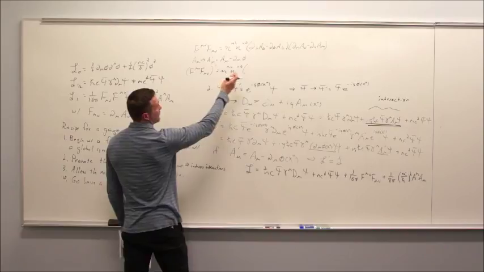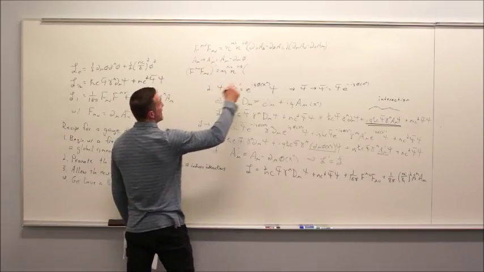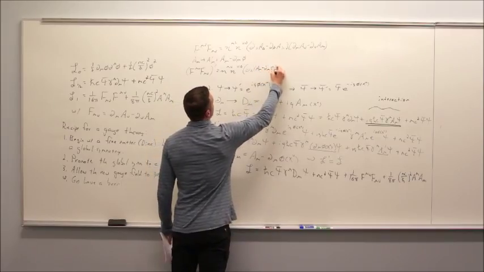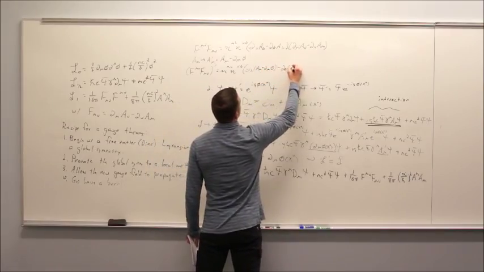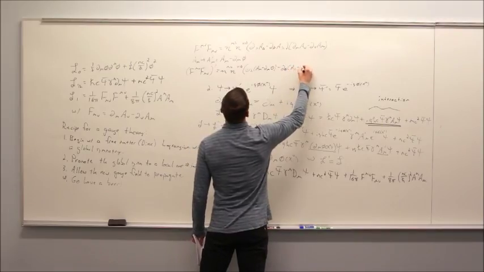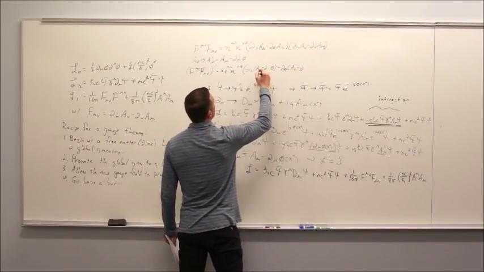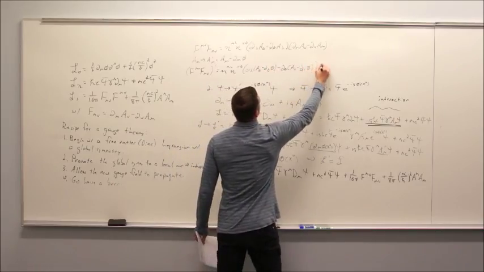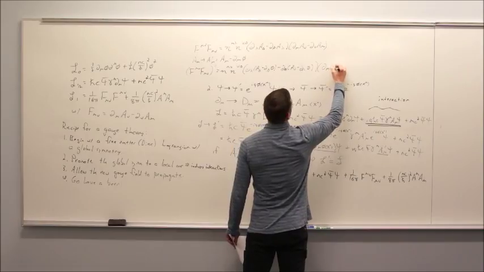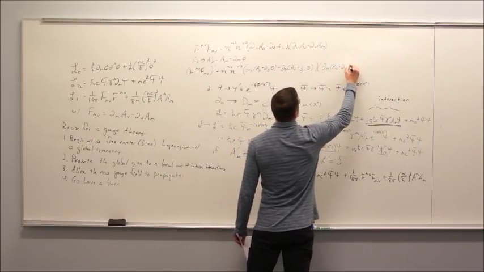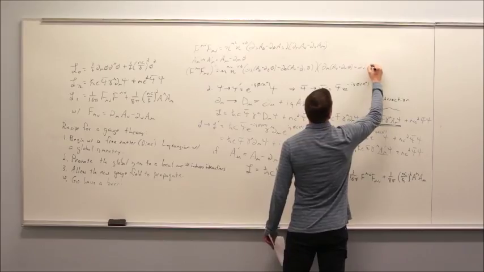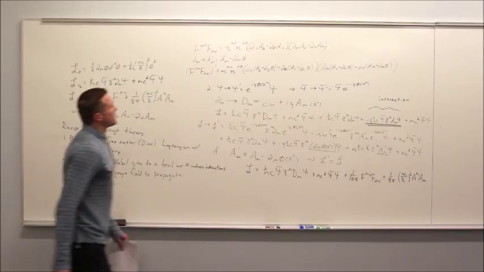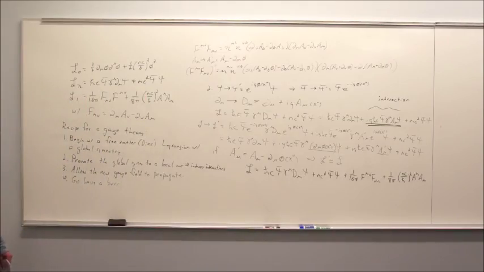And now everywhere I see an A, I replace it by this new A. And so I'm going to have d lambda of A beta minus d beta phi, minus d beta of A lambda minus d lambda phi, sorry, these should be betas, times d mu of A nu minus d nu phi, minus d nu of A mu minus d mu phi. Okay?